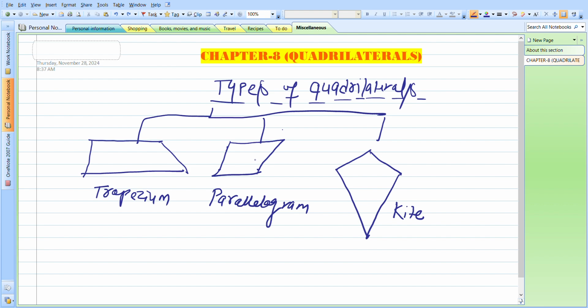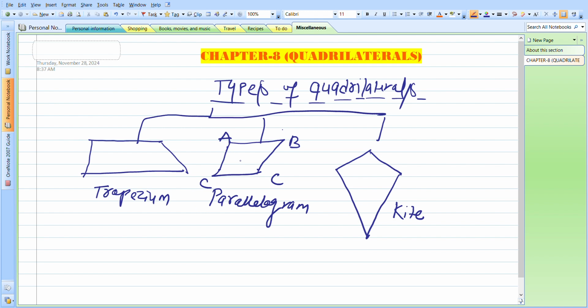So you have to understand how to find the remaining types of quadrilateral from the parallelogram. Look at the parallelogram ABCD.